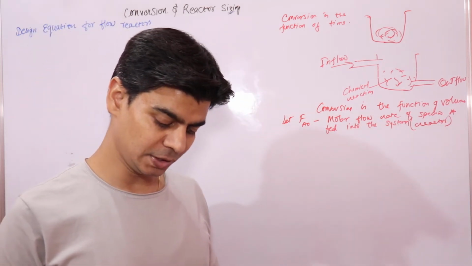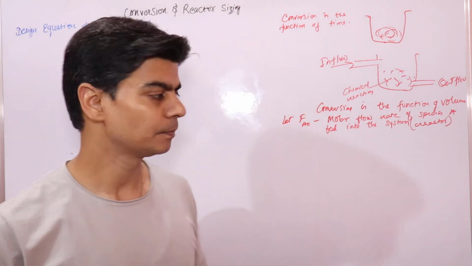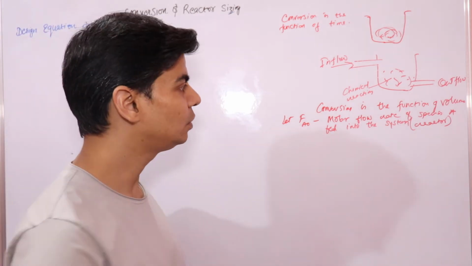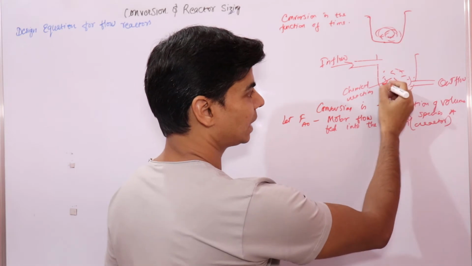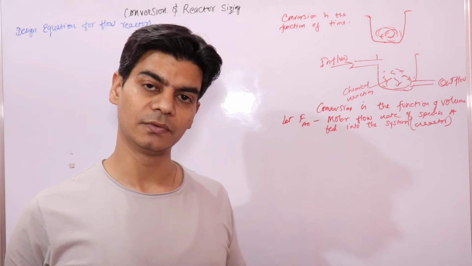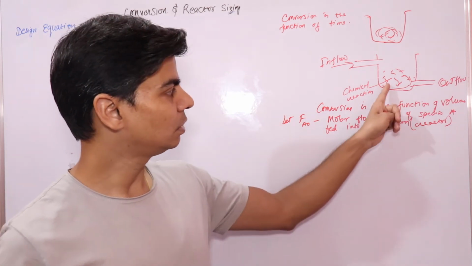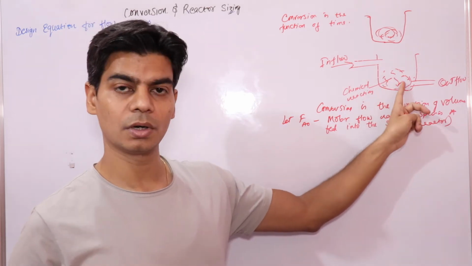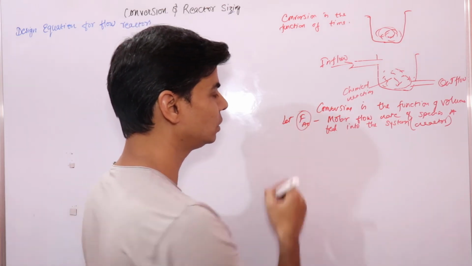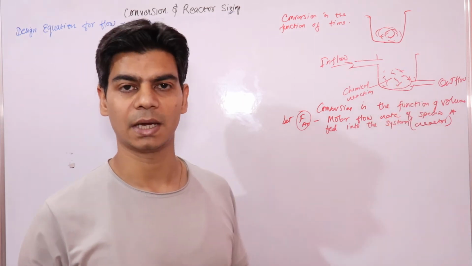Now we need to find the conversion, right? We are trying to find an expression for conversion first. So in order to find the expression for conversion, we need to look inside the reactor. Inside the reactor, we need to find the conversion rate. We need to find an expression for the conversion based on the reactants that we are feeding, like this FA0 that we are feeding into the reactor, and how much they are reacting inside the reactor.